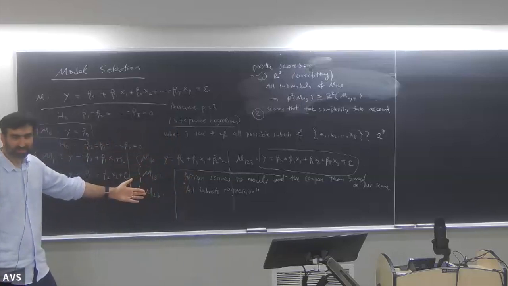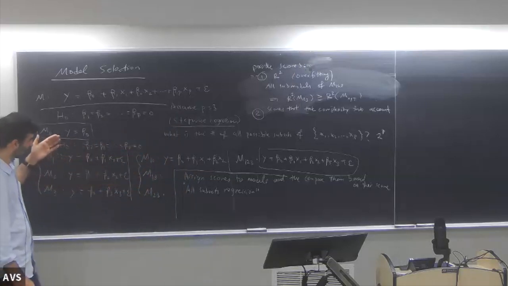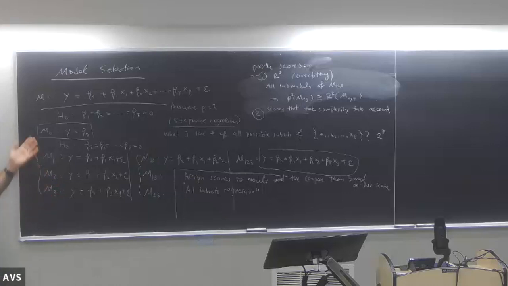These are in the second level of complexity. These are even simpler. This is the most simple. So people traditionally prefer to go with simpler models if the performance is similar.